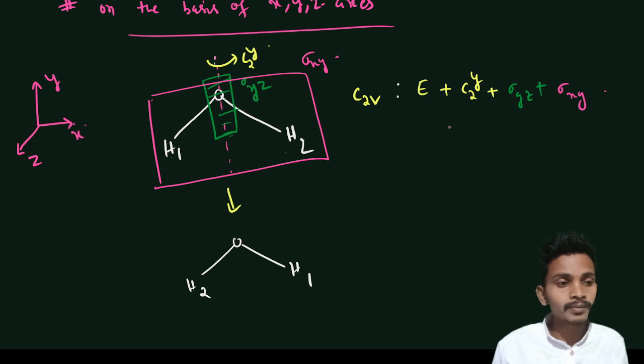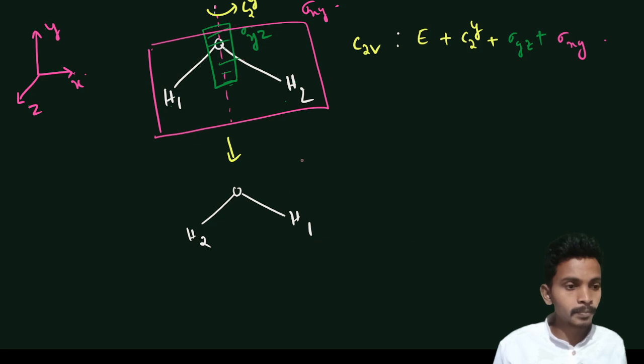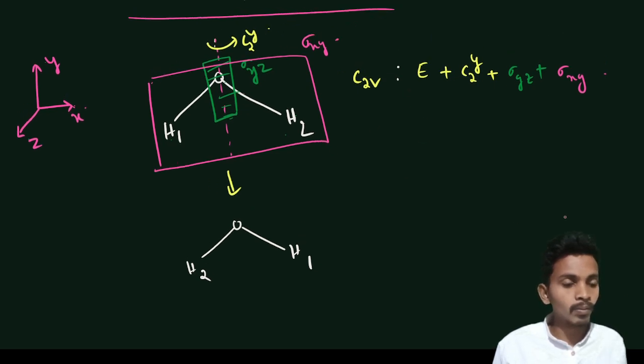Okay, so now what we will do, let's say if E is there, then if I write x, y, z, so if I write x, y, x1, y1 and z1, due to E nothing will change.